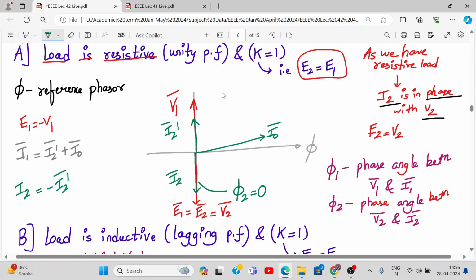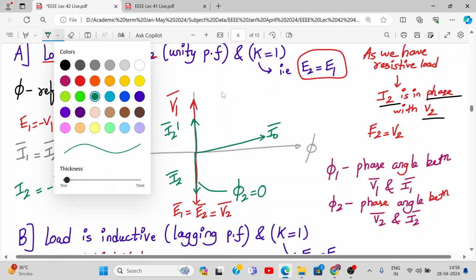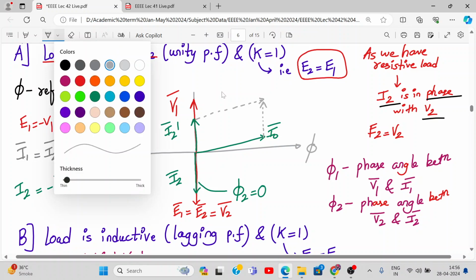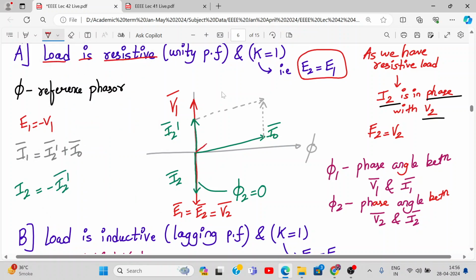Now how to draw I1? Between I2 dash and I0, parallelogram. Yes. Here it is. So this is I1 dash. Agree?